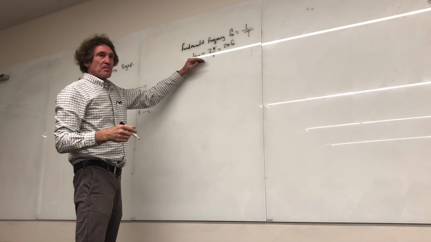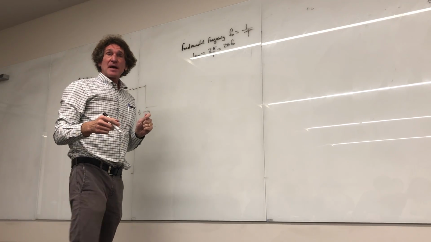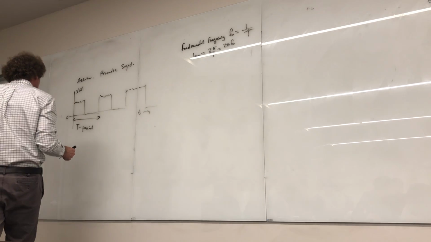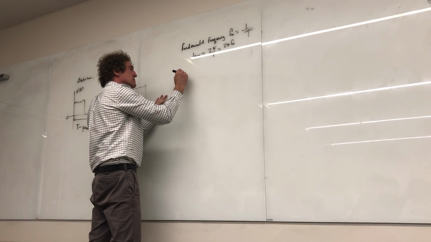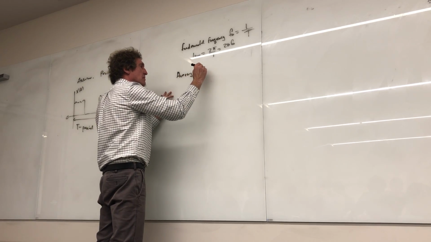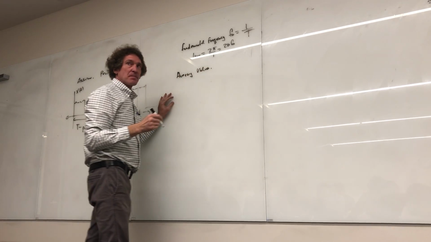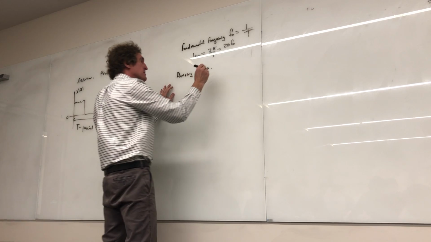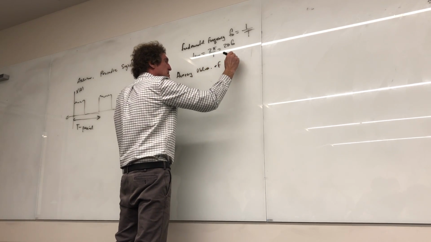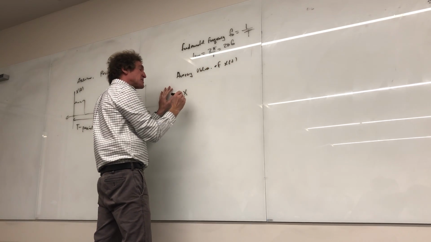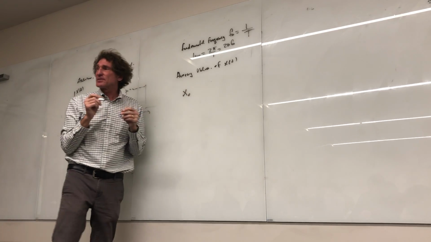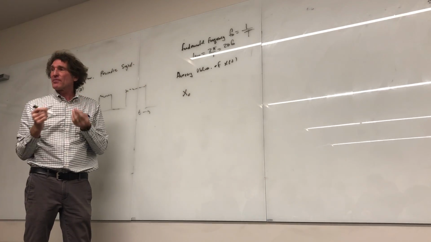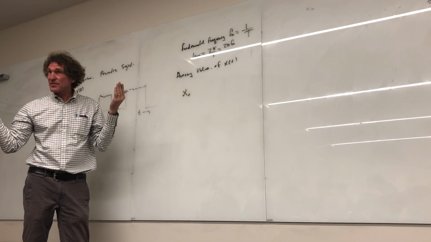This is important. Now, after that, the next thing we talk about is something called the average value of the waveform. Average value of x of t. And you can call it anything you want. X0, sometimes it's rendered as C0, sometimes it's a bar over the x. It's just the average value.